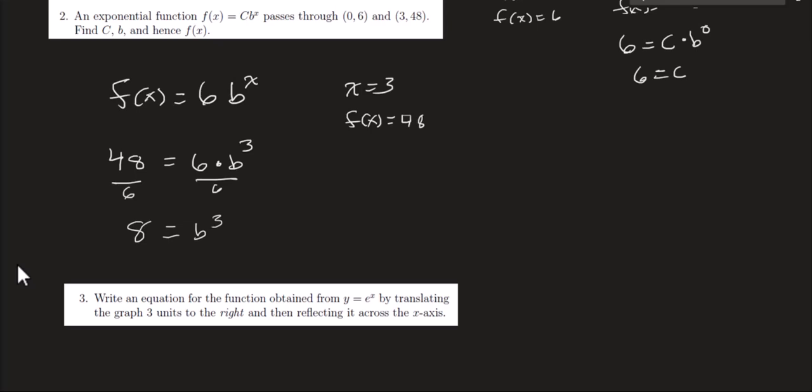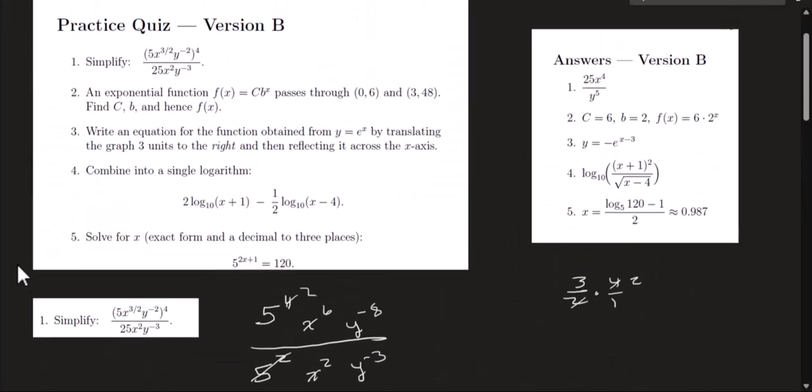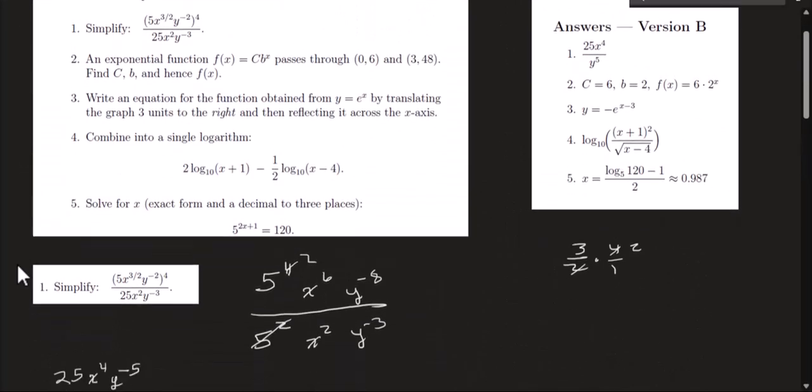So what number raised to the 3rd power gives us 8? That's 2. So b is 2. And so our function f of x equals 6 times 2 to the x. Six times 2 to the x. Yep.